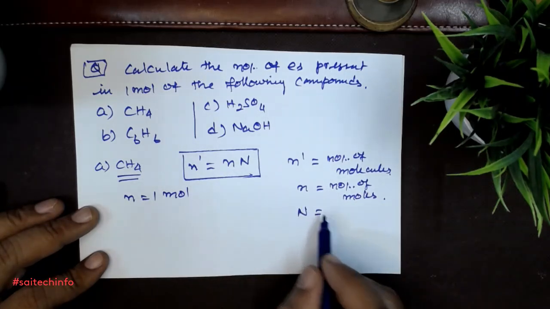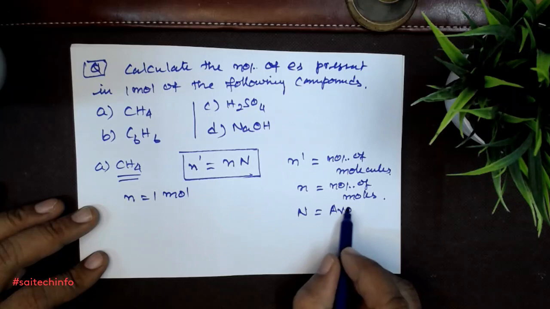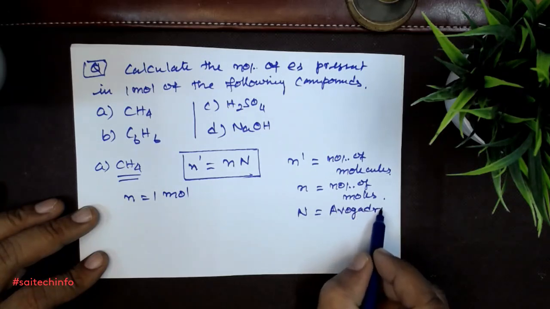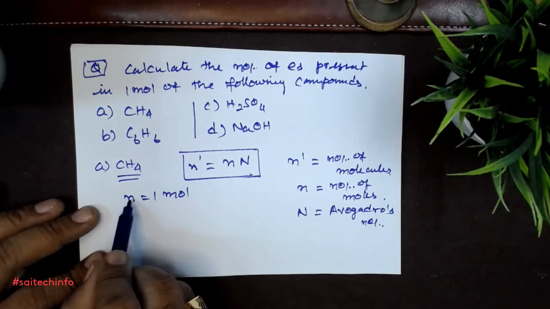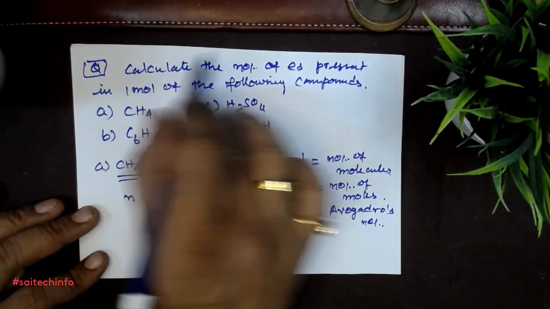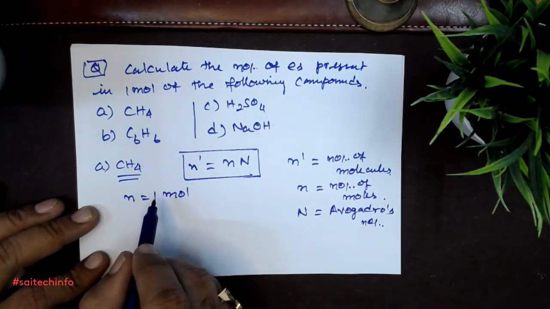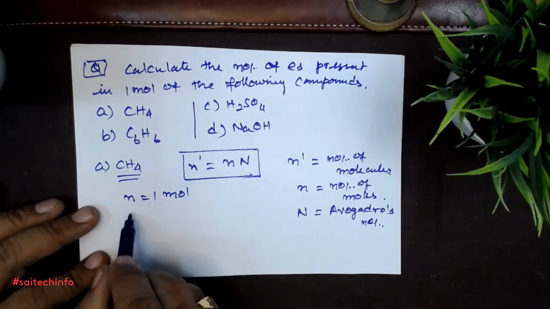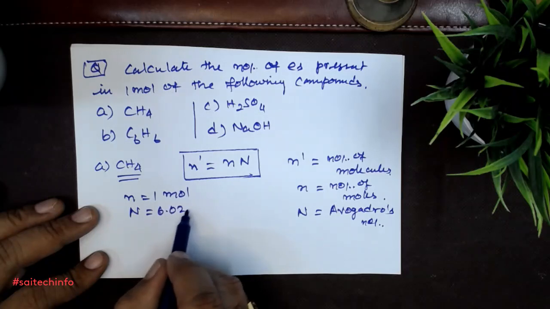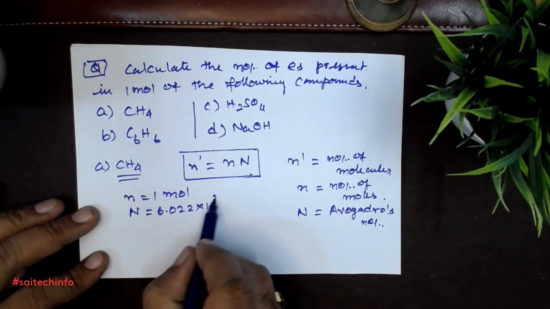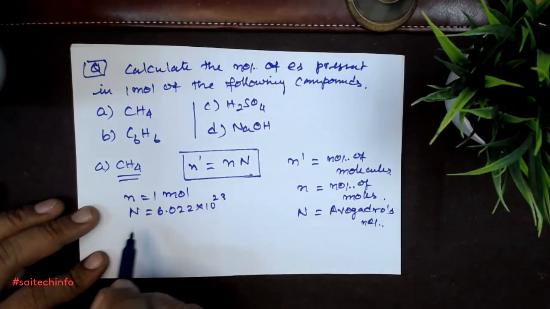Capital N is Avogadro's number. So we have now n is equal to 1 mole as given in the problem. And Avogadro's number we already know, 6.022 into 10 power 23, right?